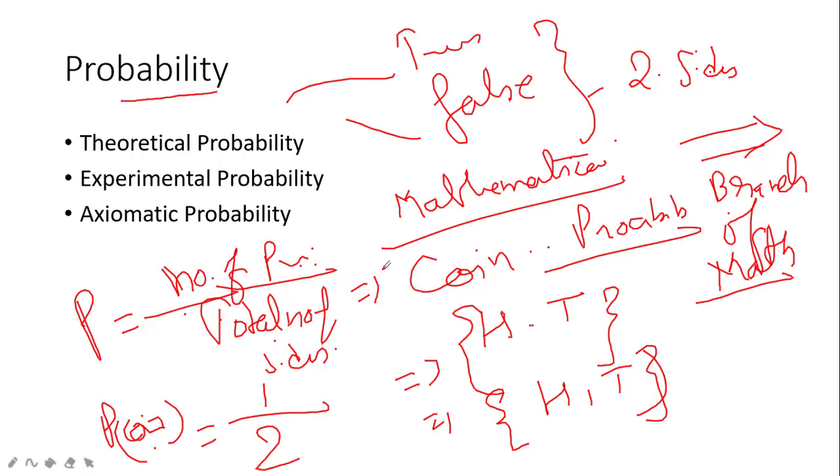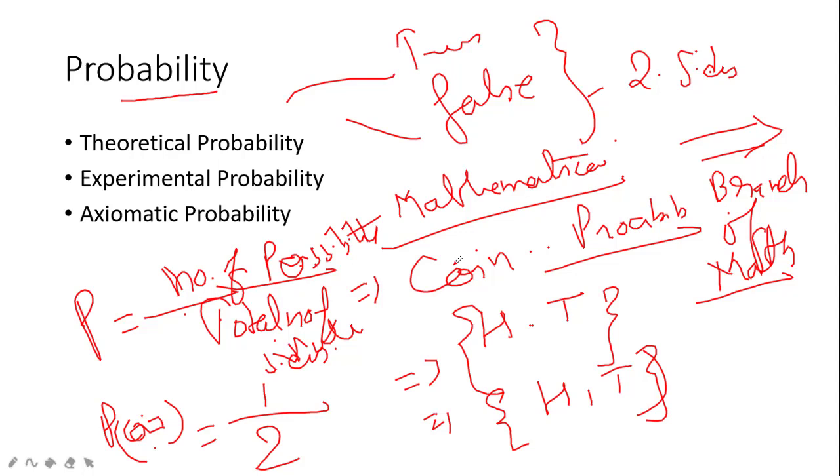The formula is the number of possibilities over the total number of values. For the coin, the possibility is either head or tail; both together are not possible. If you toss a coin to decide a winner, one person picks head and the other picks tail.